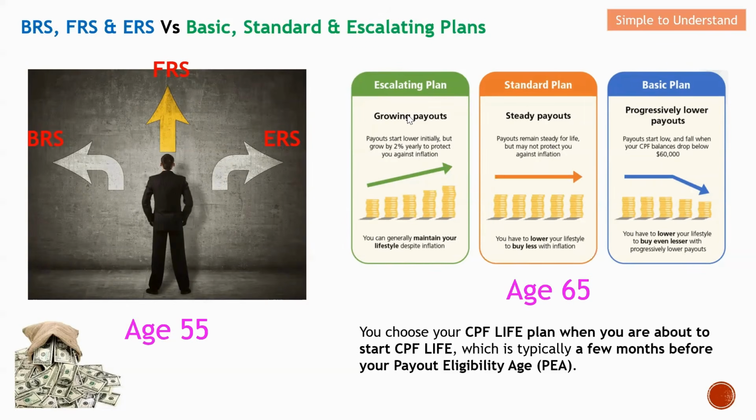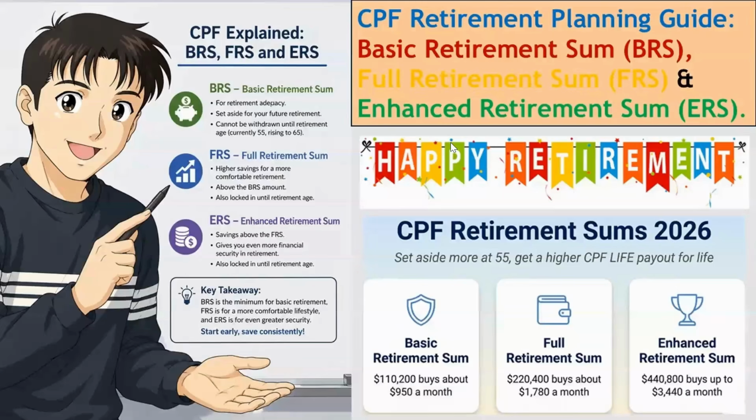Let me explain the key difference between these two sets of data. In fact, they are the decisions that you're going to make at different ages. For example, when you are at 55 years old, you need to decide which retirement sum is more suitable for you, whether it is BRS, FRS, or ERS. So I have used this video to describe the key difference between these three retirement sums.